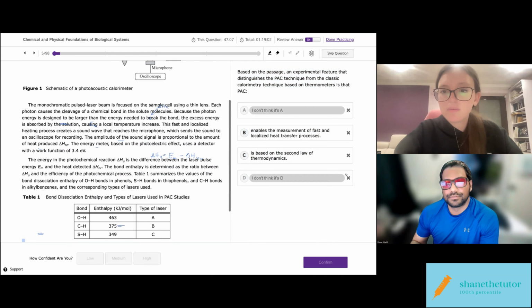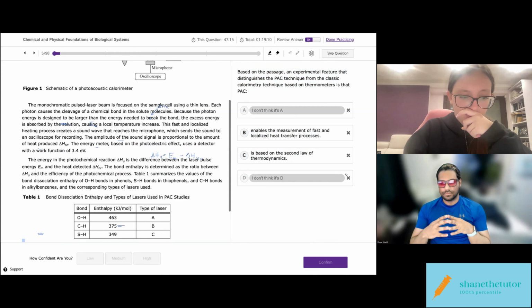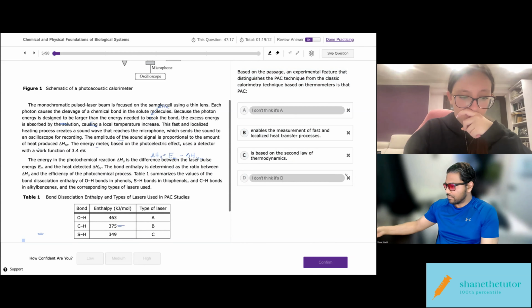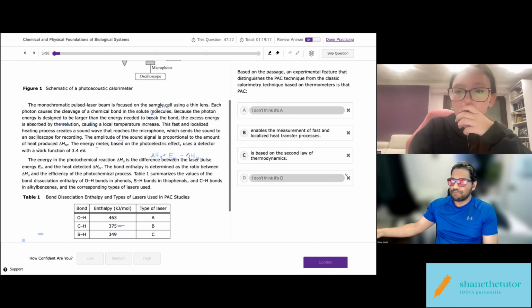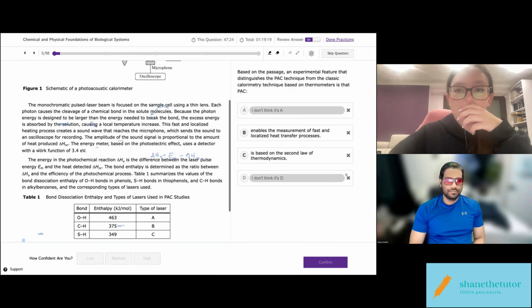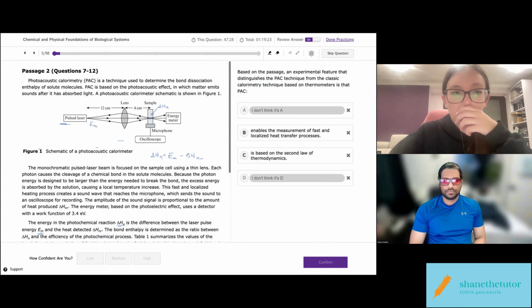Okay. Enables the measure of fast and localized heat transfer processes. Well, isn't it doing that? I feel like they're all doing that.